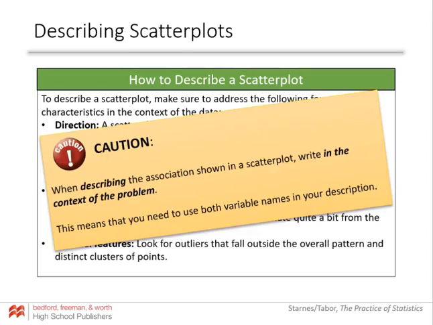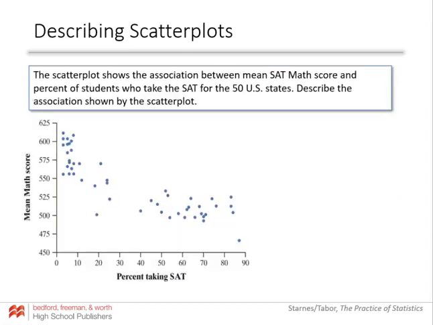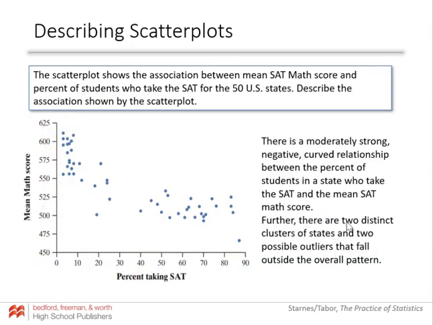Okay, you also have to make sure that your descriptions are written in context. So we should be talking about whatever the variables are. Don't just use numbers. Talk about it in context of the problem. So here's an example. We have a scatter plot where we have the percent of students that take the SAT and then the mean math score. And this would be an example description of this scatter plot.